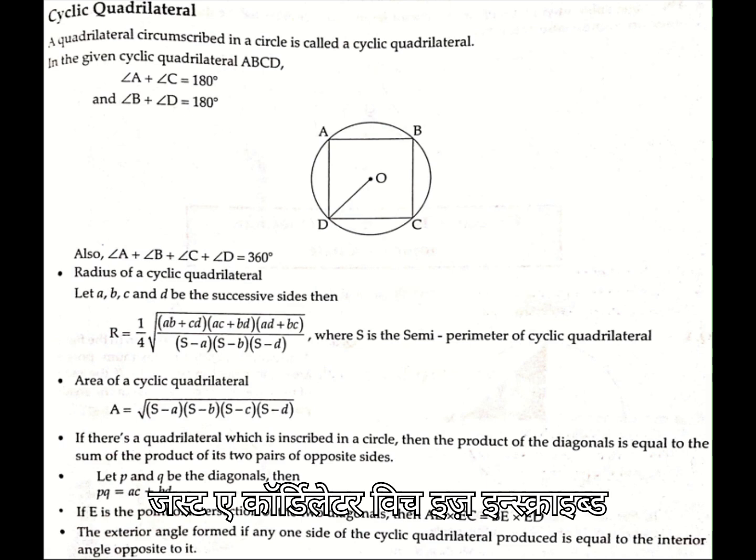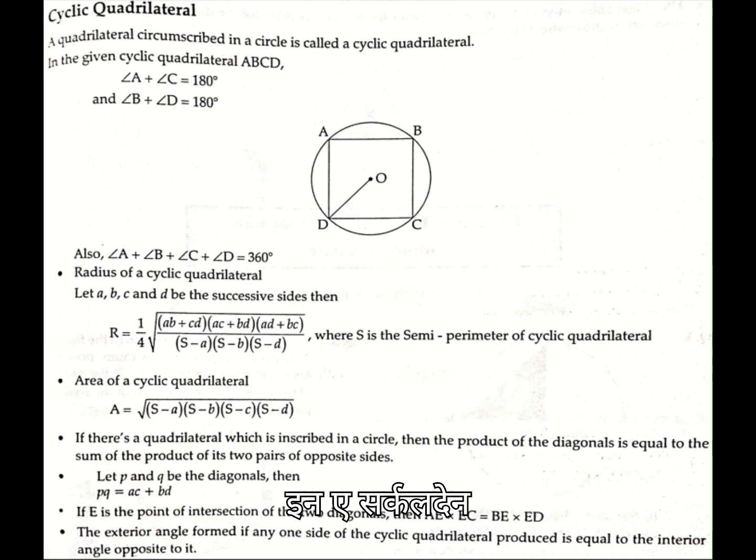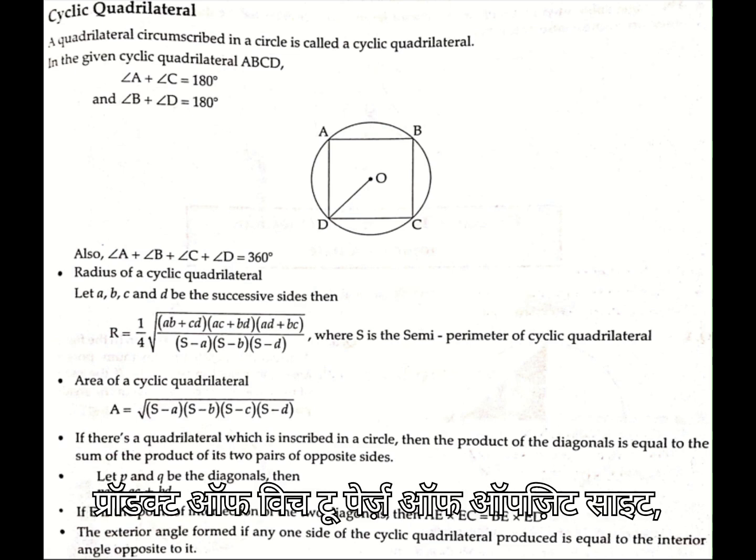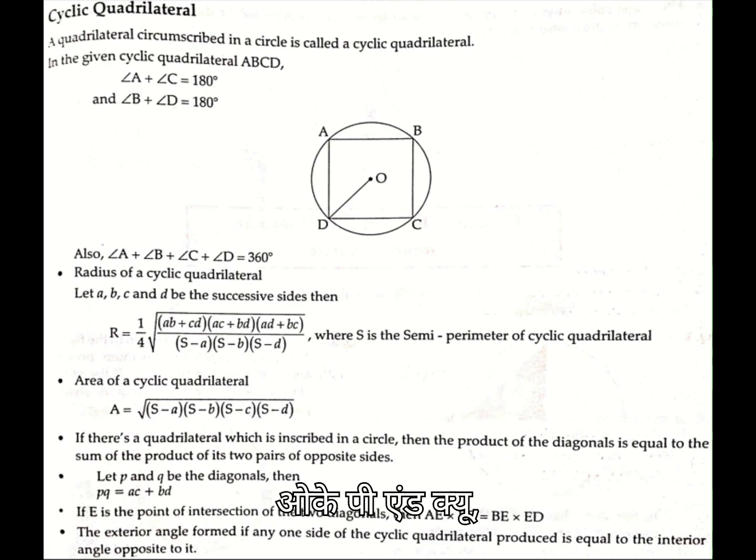If a quadrilateral is inscribed in a circle, then the product of the diagonals is equal to the sum of the products of its two pairs of opposite sides.